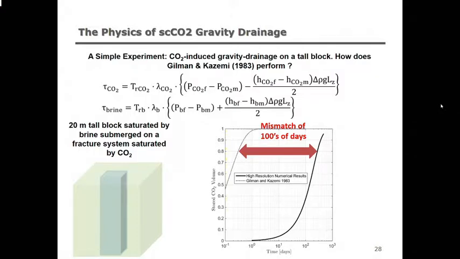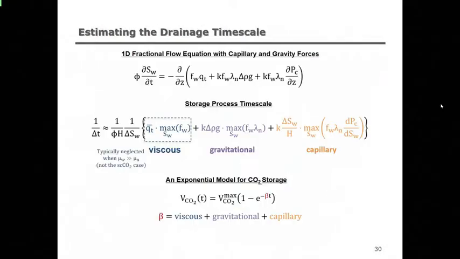Note that this is the amount of CO2 stored in the matrix, and this is a logarithmic scaling of the time. So we have a mismatch of several hundred days, and that's reflecting in the substantial difference that we've seen in the previous simulation run. And I think with respect to time, I'm going a little bit quicker here.